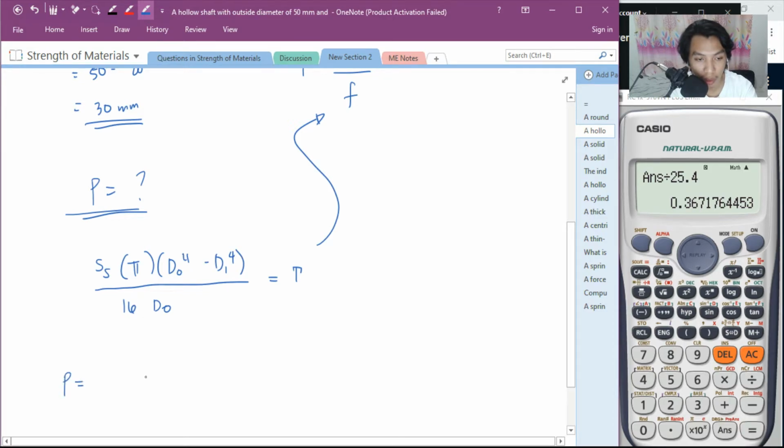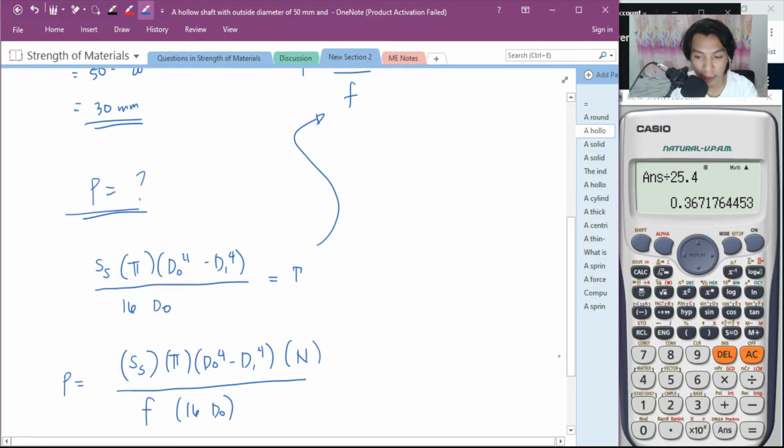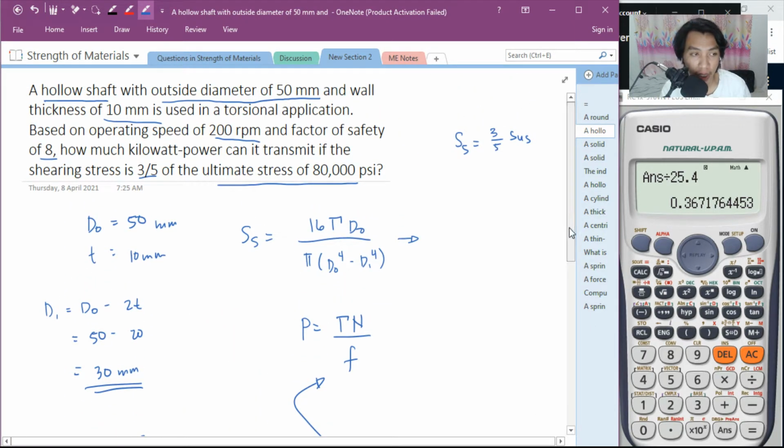Power equal to SS pi DO to the fourth minus DI to the fourth multiplied to N divided by factor times 16 DO. Okay. In kilowatts. Sir, gagamitin pa po ba natin yung factor of safety dyan?